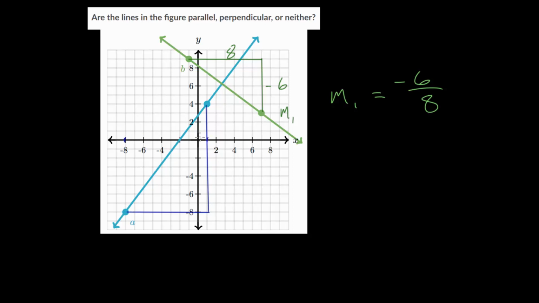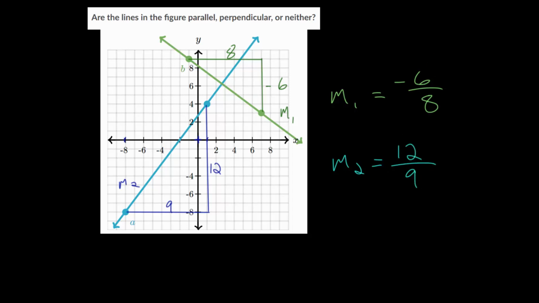So 8 takes us to the y-axis, and one more makes this 9. For the y values, we're at -8, and we go up to 4. So it takes 8 to get to the x-axis, and then 4 more to get to the point, so that's 12. We can call this slope m2. So for m2, the rise is 12, and the run is 9.